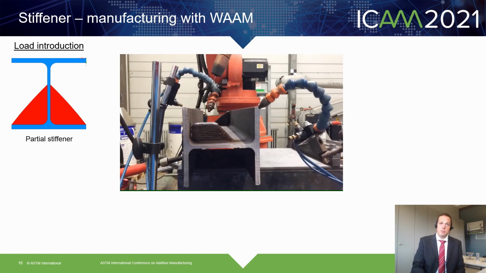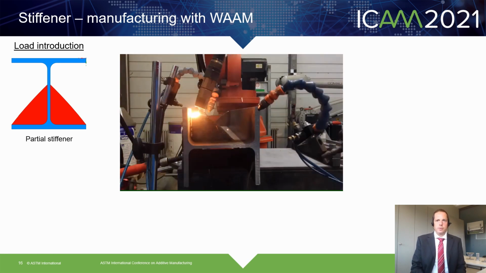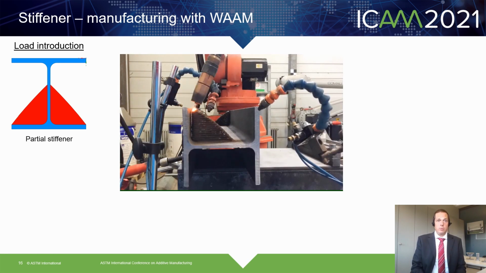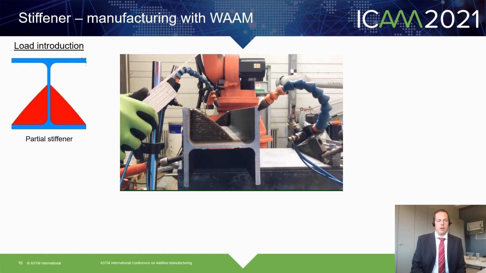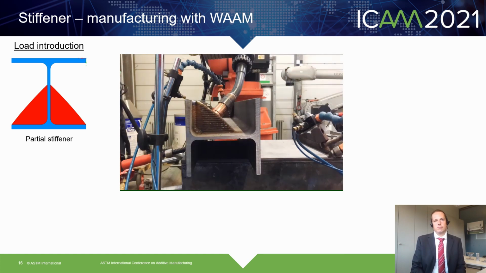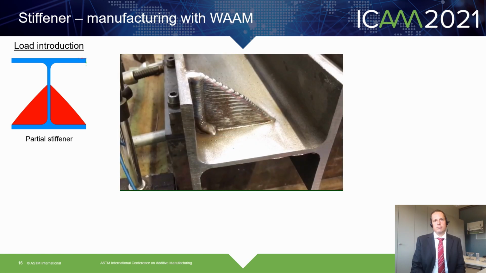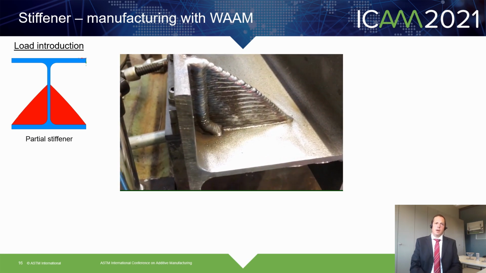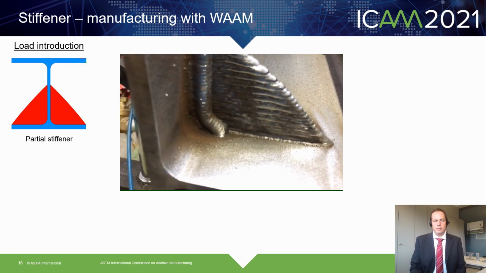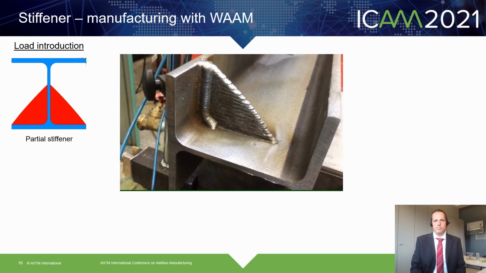And you can also see now the gap between the stiffener and the flange, which has to be closed afterwards and will be closed right now. Yeah, so this is how an additively manufactured stiffener in an I-beam looks like.